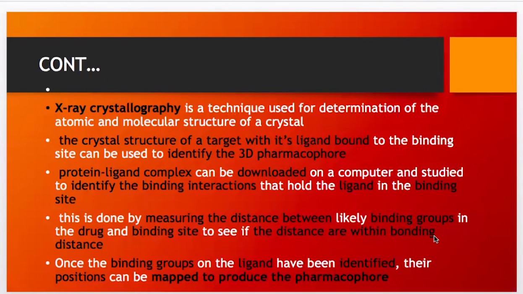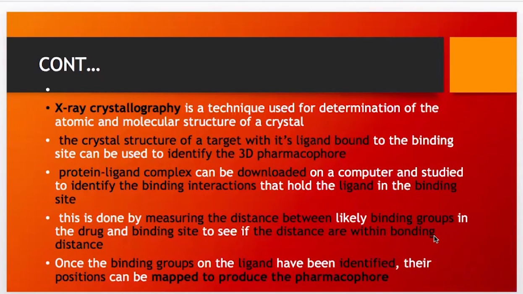So once you identify the binding groups, you have your crystal ligand and your protein. Once you identify which of these groups are binding to each other, you now need to note the position of those binding groups. Let's say there's a hydroxyl group, carbonyl, methyl, aromatic rings.